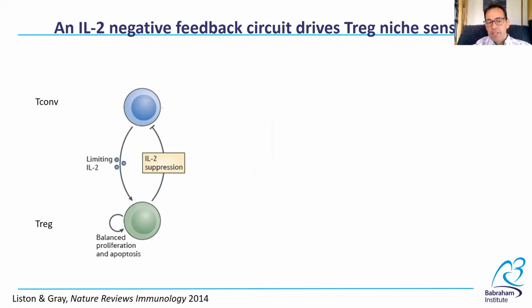They can't make IL-2, so they're dependent on IL-2 from conventional CD4 T cells. In return, the Tregs are suppressing the production of IL-2 by the conventional T cells. So this sets the whole system in balance, where there's a very fine set point of the number of regulatory T cells and the amount of IL-2 that can be produced in the system.